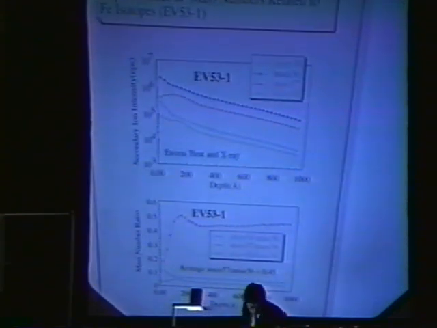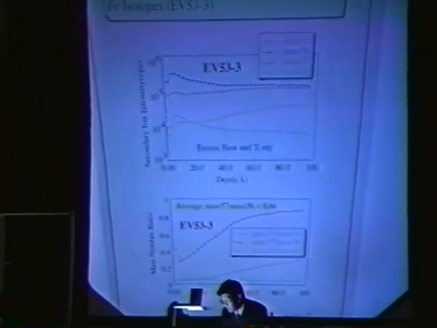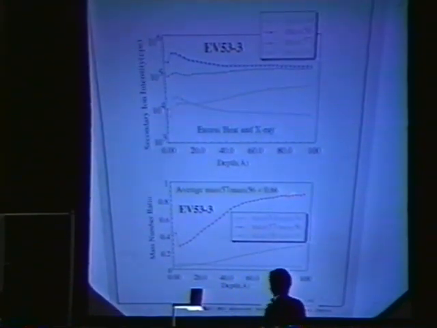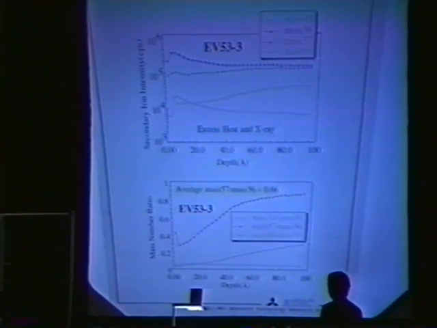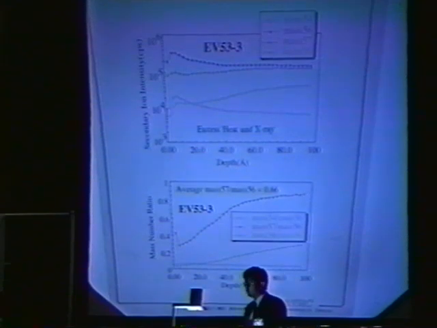And at other points of the same sample, we did the SIMS analysis, and we also found anomalous distribution. In this case, mass 57 by mass 55 reaches about 0.9, a very high value. And average mass 57 by mass 56 is 0.66.